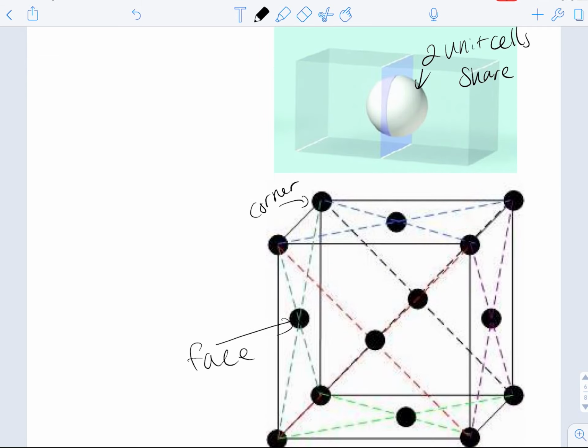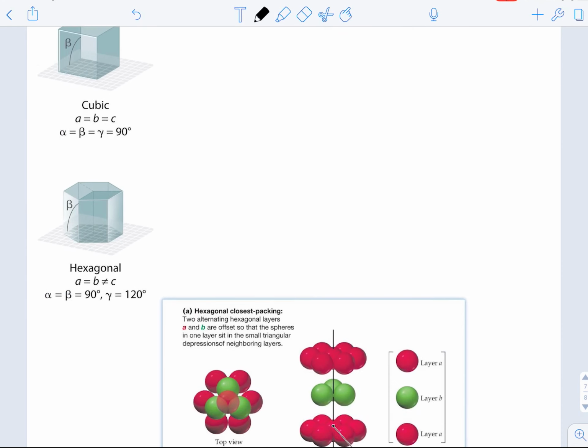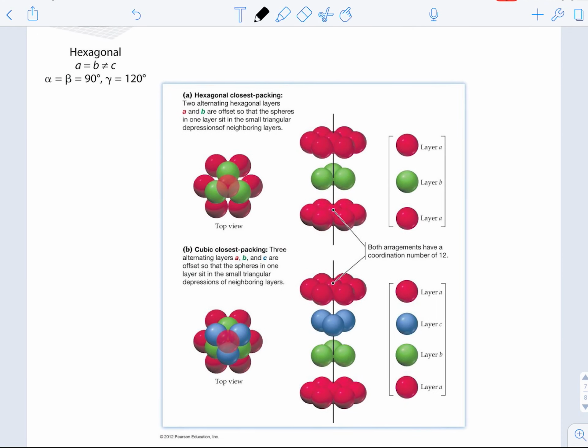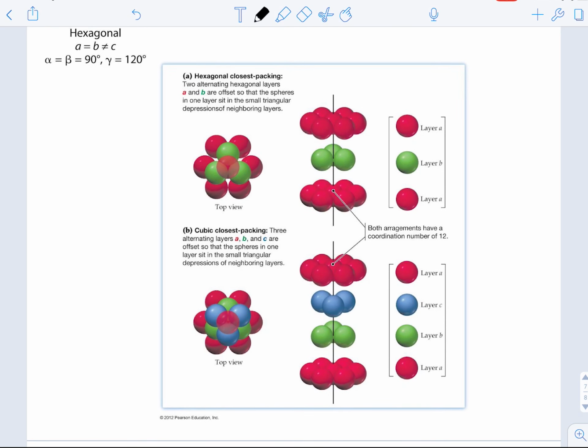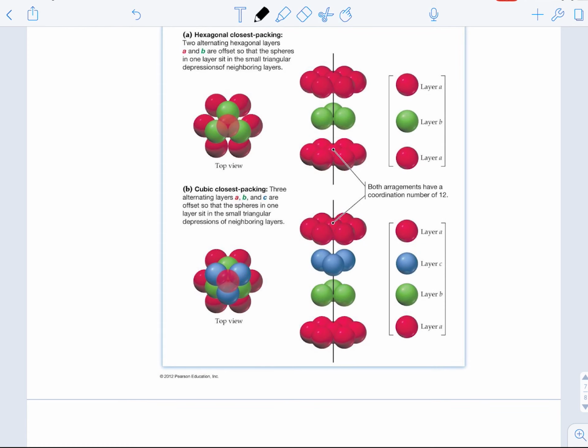It is really hard to see in this structure, so I'm going to show you this next structure instead. See if you can see it a little bit better. If we think about this atom right here, it has 1, 2, 3, 4, 5, 6 atoms around it, 1, 2, 3 on top of it, and then it actually has 1, 2, 3 underneath it.